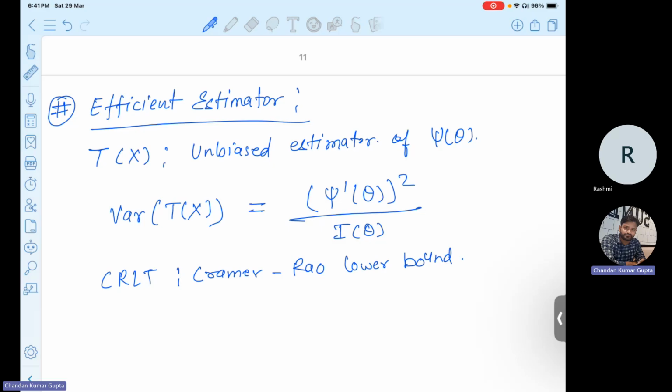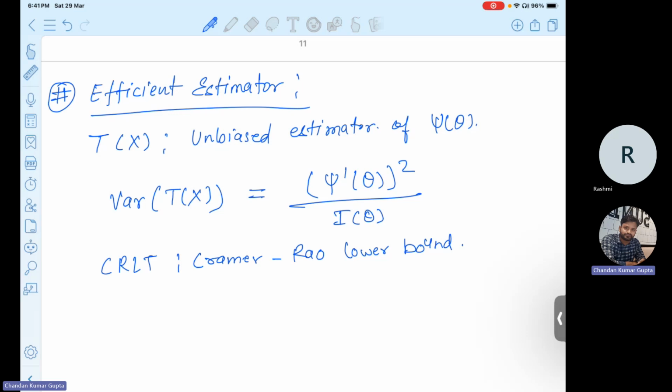Then this is called the efficient estimator.